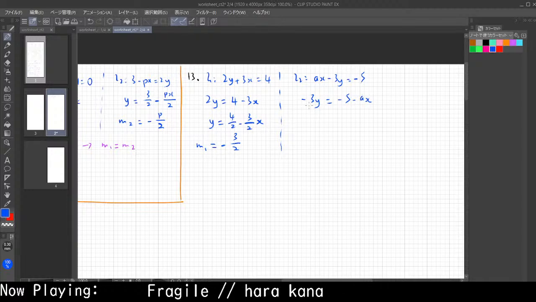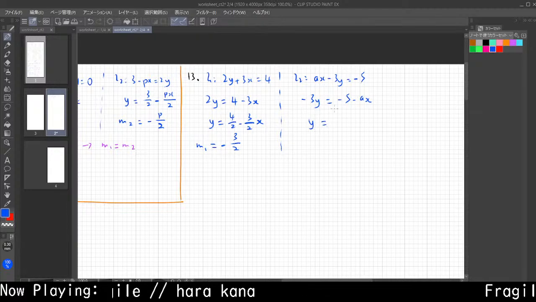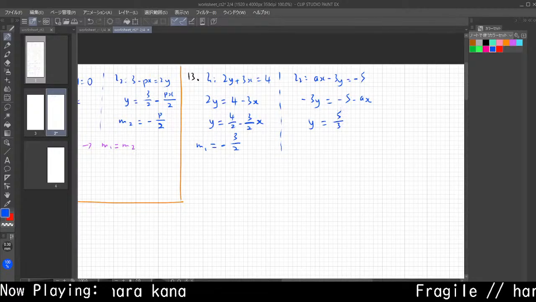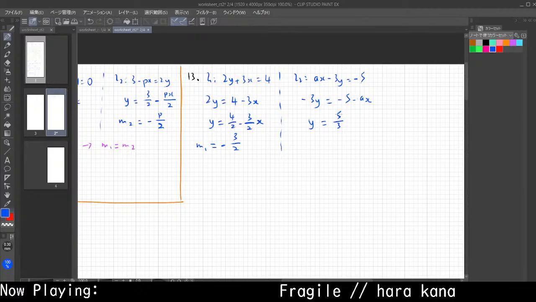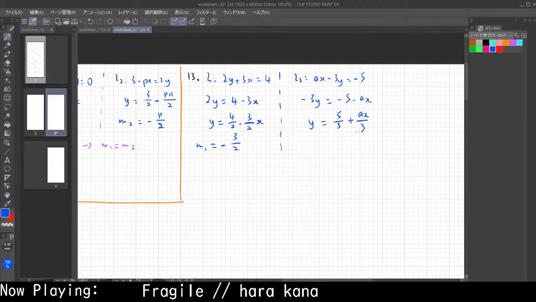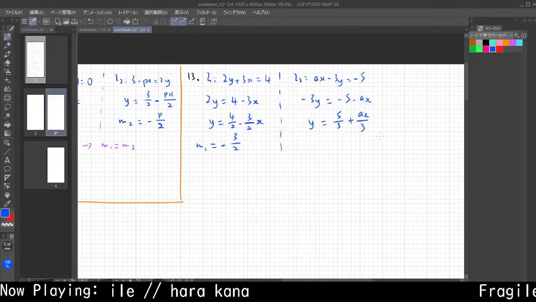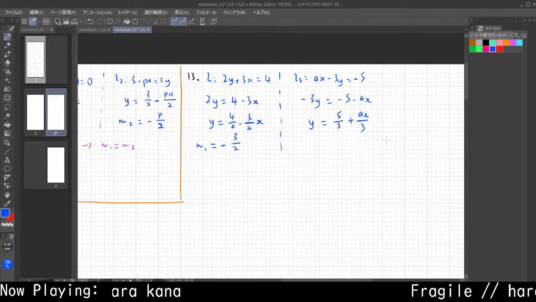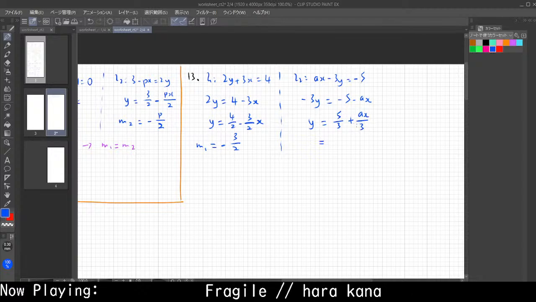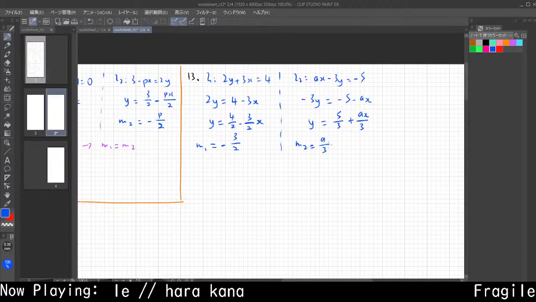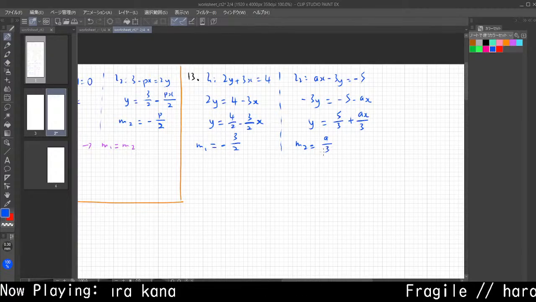Then my negative 3 just bring over to divide. So minus becomes plus. Yeah, this is common sense. Same goes to your x term over there. Your ax over 3, you cover up your x, therefore your m2 is equal to a over 3.